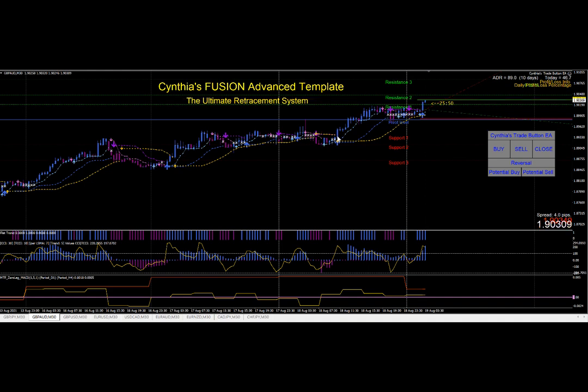This would have been an entry here at Fibonacci support 1, partial take profit at the Fibonacci blue pivot line, and then price almost reached up to resistance 1, but it didn't quite make it, just by a few pips.